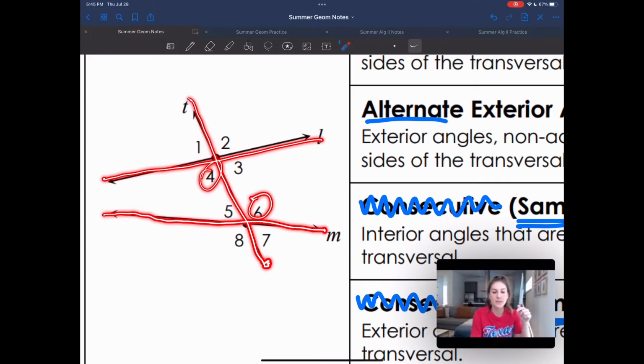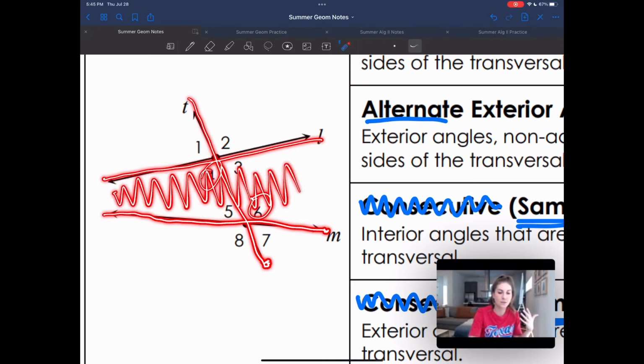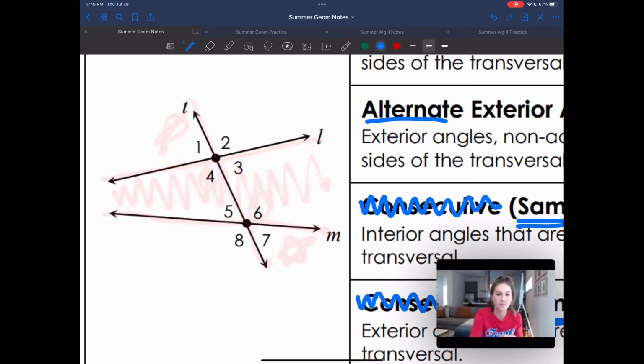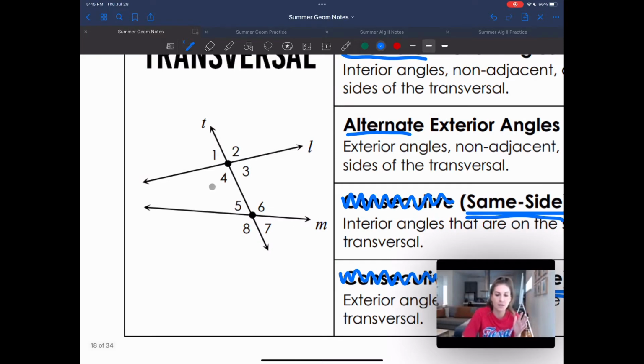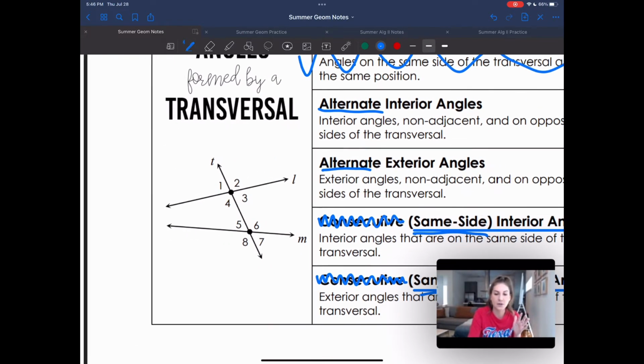Are angles 4 and 6 in between them, or are they outside of them? Well, they're definitely in between those two lines. So this is going to be interior for that reason. If they had been out here and out here, they would be exterior. Okay, so we determined 4 and 6 would be an example of alternate interior angles.